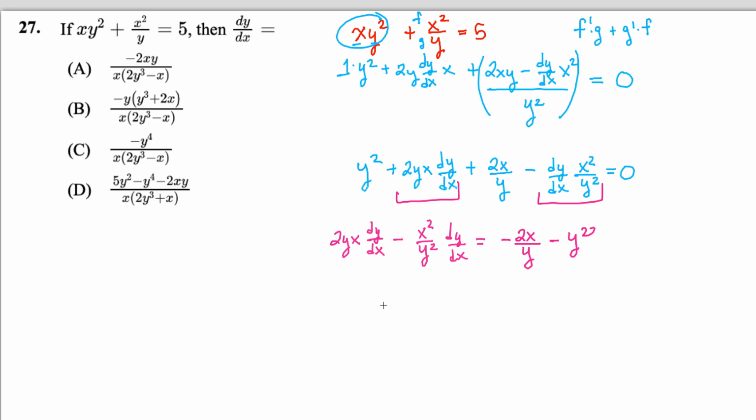And then now I can factor out a dy/dx. I'm left with, on the inside, 2yx minus x squared over y squared is equal to negative 2xy minus y squared. Now I could divide by that entire thing, and I'm going to get an expression for dy/dx.